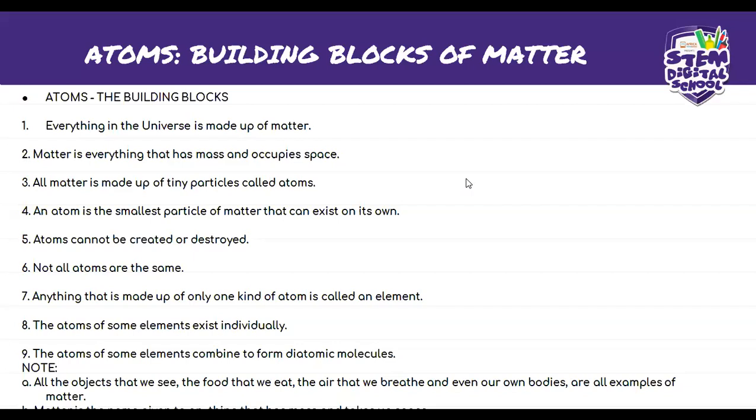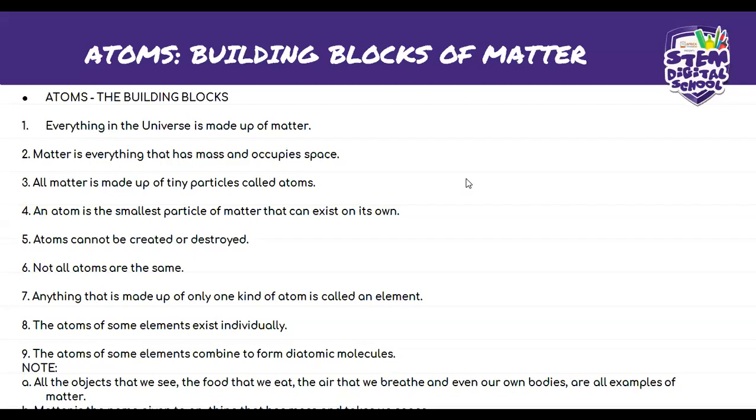Matter is everything that has mass and occupies space. All matter is made up of tiny particles called atoms. An atom is the smallest particle of matter that can exist on its own. Atoms cannot be created or destroyed, and not all atoms are the same.